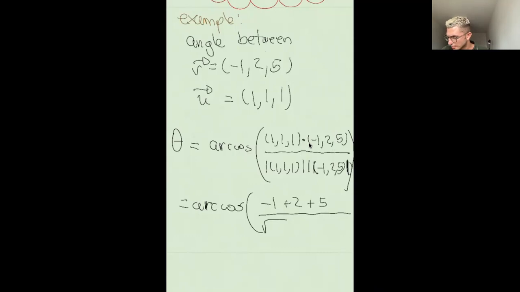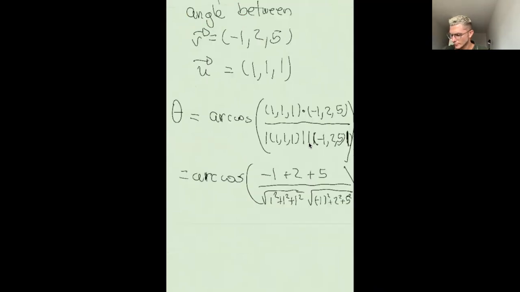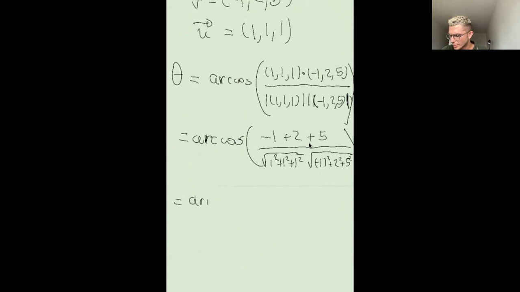And the denominator is the square root of 1 squared plus 1 squared plus 1 squared, times the square root of negative 1 squared plus 2 squared plus 5 squared. So you get the arc cosine of what? This is 6 over root of 3 times root of 30.